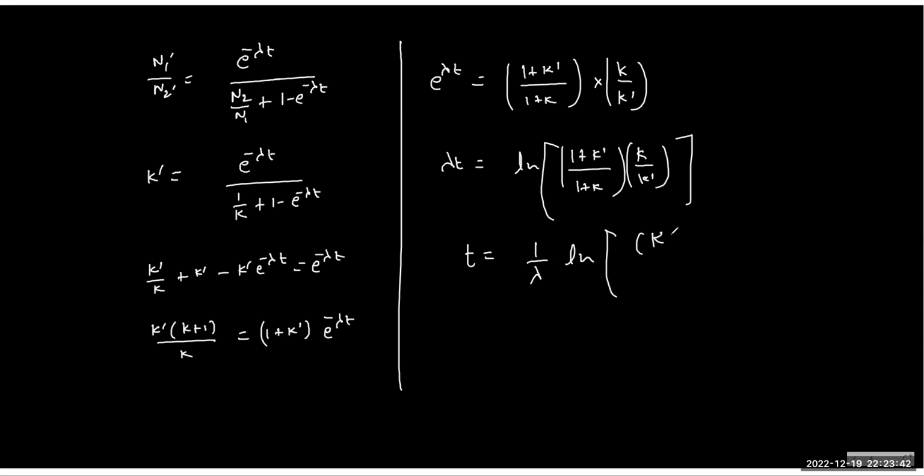So this is how we do carbon dating. For carbon dating, what you need to know is the ratio of the two isotopes in a live tree and in a dead tree. By knowing the ratio in the live sample and the dead sample, we can have a rough estimate of the age.